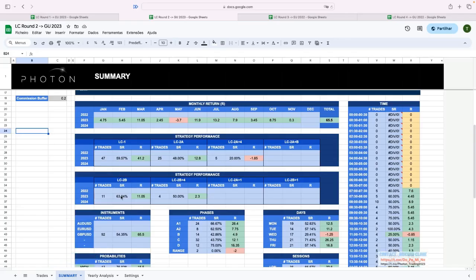So yes, it's more rare. Yes, it's not as good as LC2A and LC1. Those are definitely the better ones, but what I really like is that it's a high strike rate, at least more than 50%. So I'm happy to keep trading that.